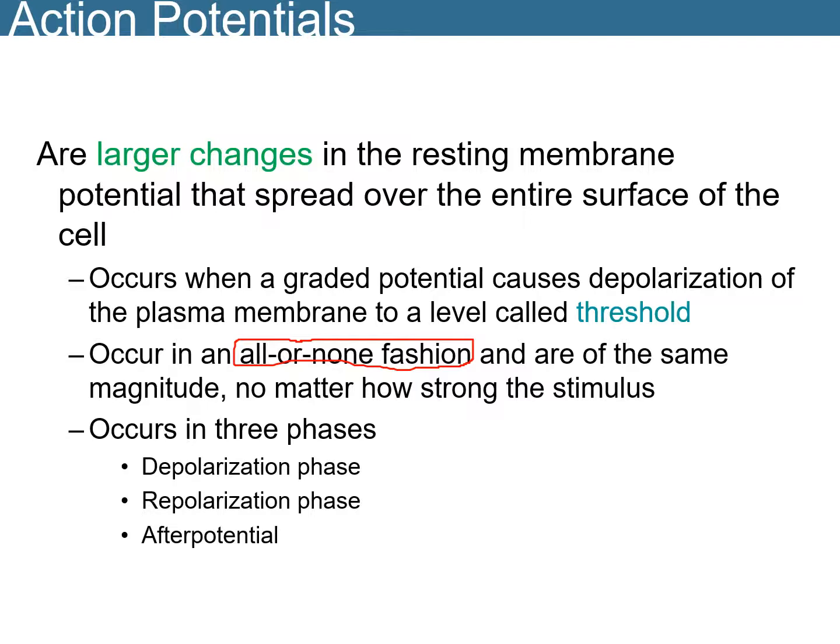We're going to stimulate in that region, and it's going to walk down the length of the axon, and it doesn't matter how strong the stimulus is, it's always going to reach the same point, that positive 35, positive 40 millivolts. There are three phases that are typically talked about: the depolarization phase, the repolarization phase, and the after potential. We will talk a little bit about each of these in more detail in the next slide.